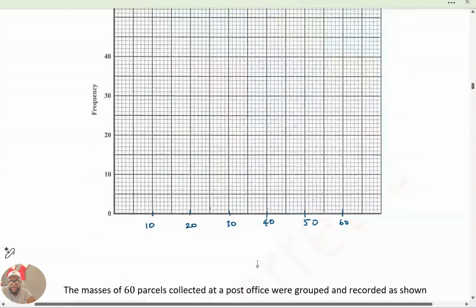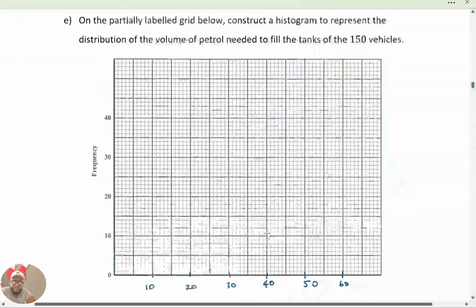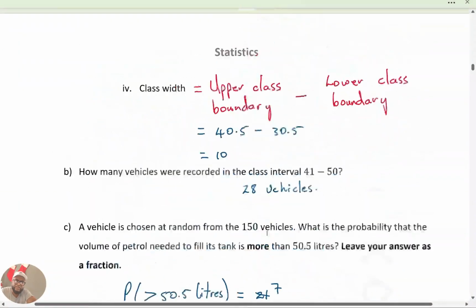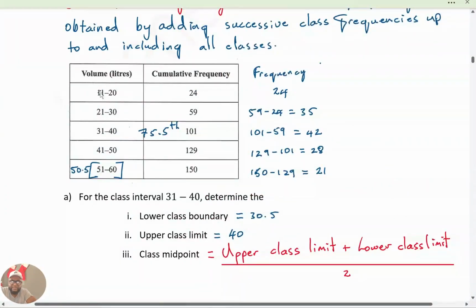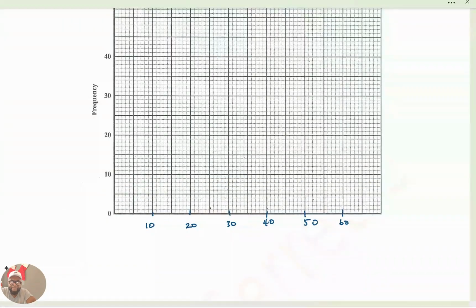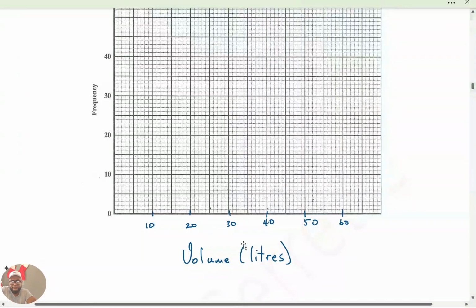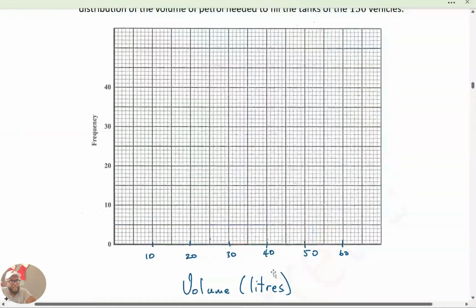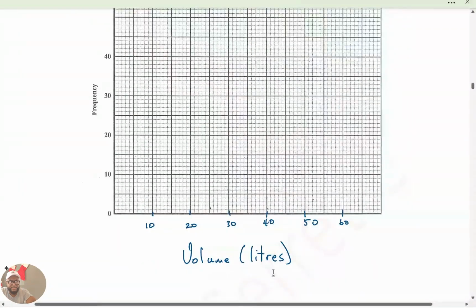And this is your x-axis, and it represents your liters. The x-axis would be volume in liters, right? So this will be my volume in liters. All right, everybody good there? Volume in liters.